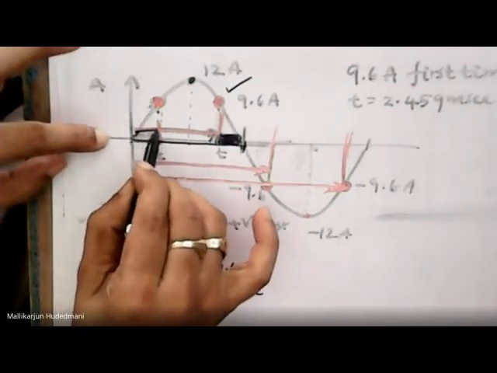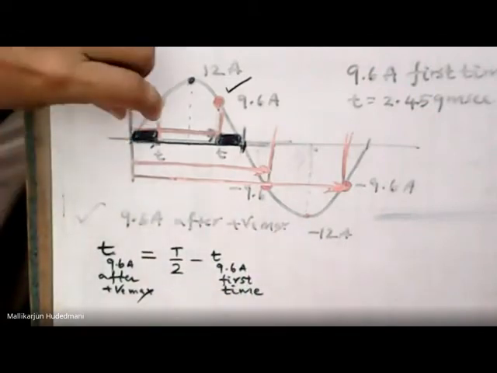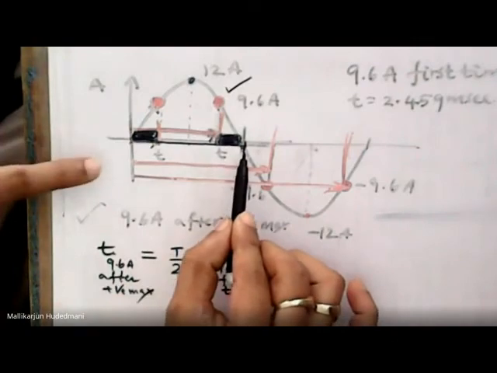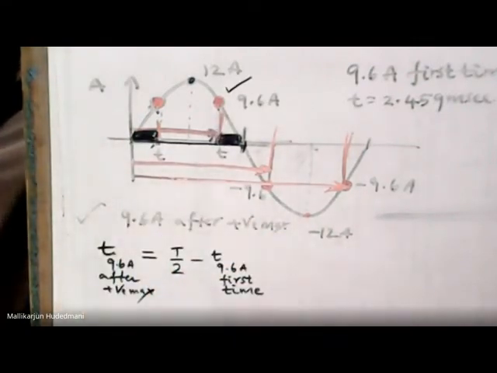This is the first time occurrence time, which I am darkening here. It is equidistant from this 0 mark. So T by 2 minus this, if I eliminate the length of time, I get it graphically. So I will be using this logic.